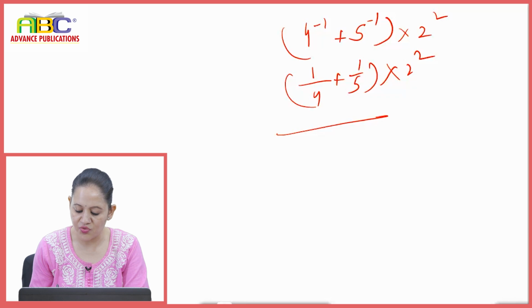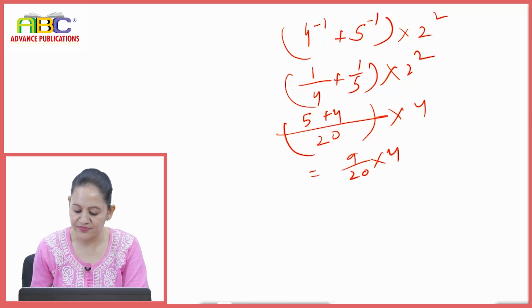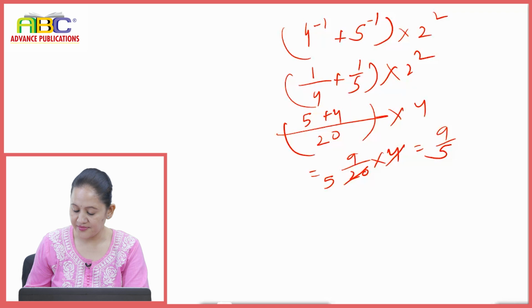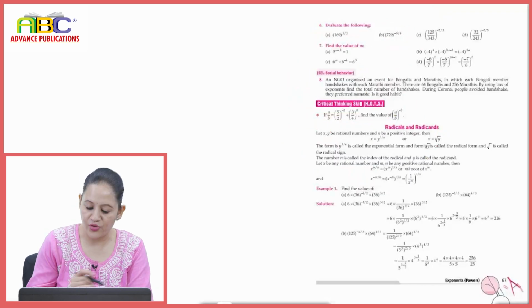We take the LCM: 5 plus 4 over 20, into 2 to the power 2 which is equal to 4. That is equal to 9/20 into 4, that is 9/5. Clear? Next, evaluate the following.